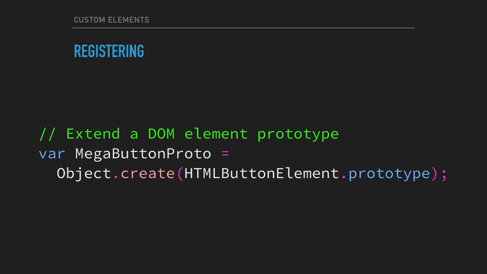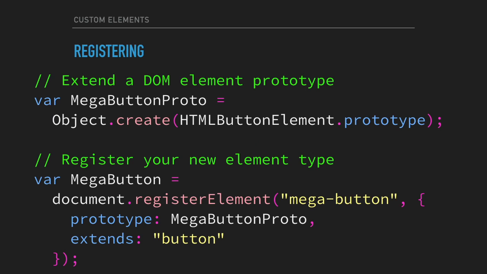So we clone the HTML button element's prototype, and then we call document.registerElement, and the first argument we pass in is a string that will determine the tag name that we can use in our HTML upon registering this. In the configuration object passed as the second argument to registerElement, we pass the prototype that we just created above, and we also say that this extends the HTML tag button.